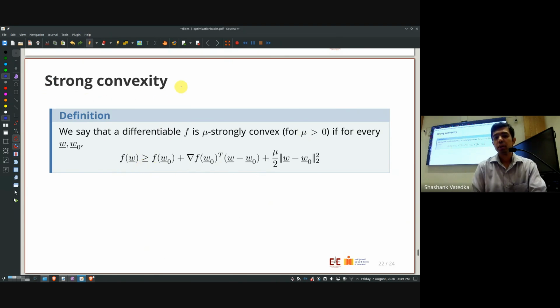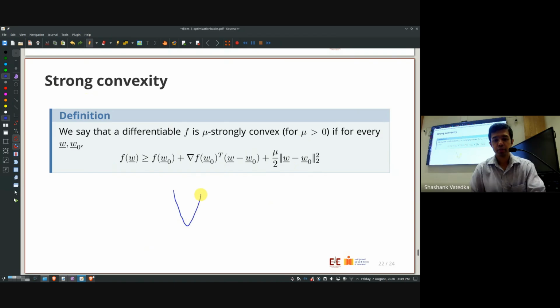It is strongly convex if it can be lower bounded by not just the tangent hyperplane but also a quadratic function. So there is some quadratic function that passes through the point w0 and lower bounds the entire function. Effectively, the function is lower bounded by a quadratic at every point.